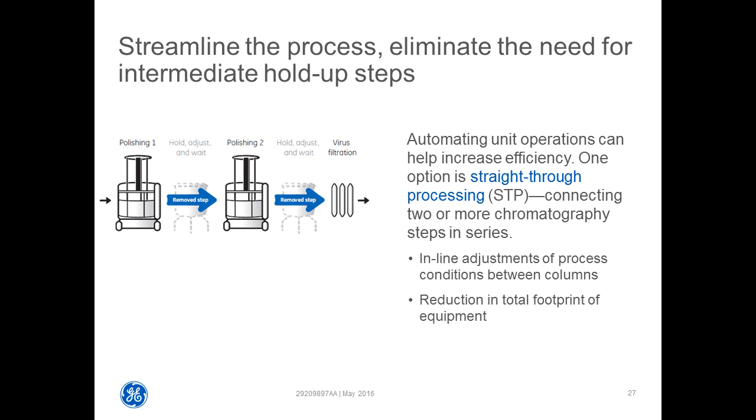Doing this is by no means a completely novel concept, but the benefit is that, due to the inline adjustment, there's going to be a reduction in the total footprint of equipment and an overall reduction in the cycle time of your downstream processing.